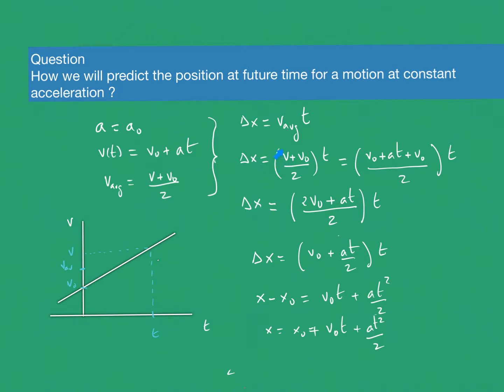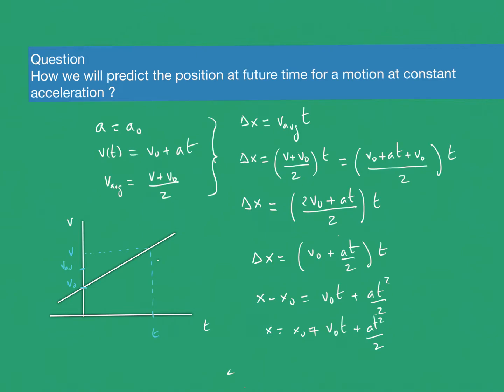The value of V final is related to the time elapsed and the acceleration: V final is V0 plus A times T. We work this equation, and we obtain this equation. And this equation is a parabola, so we know x of t.